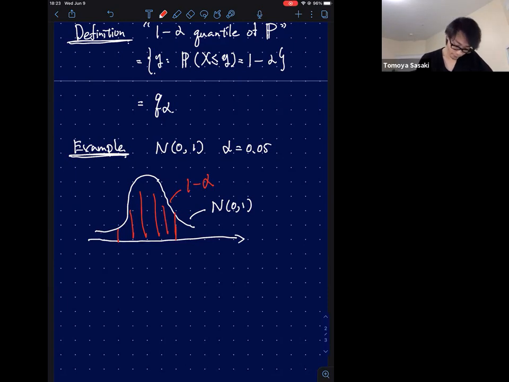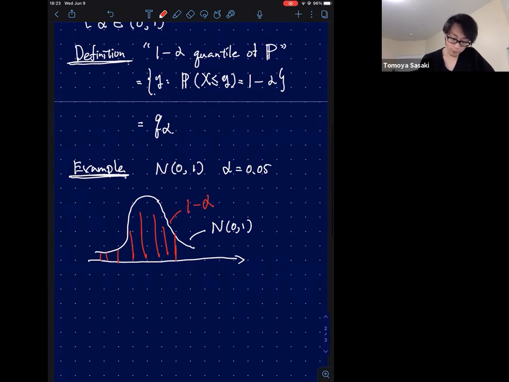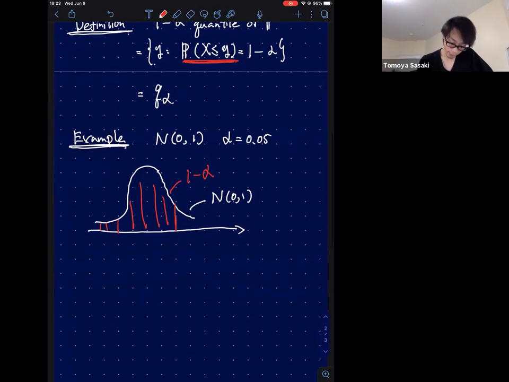Since we defined alpha as 0.05, this area is 0.95 in this example.